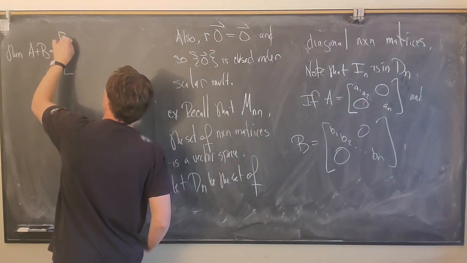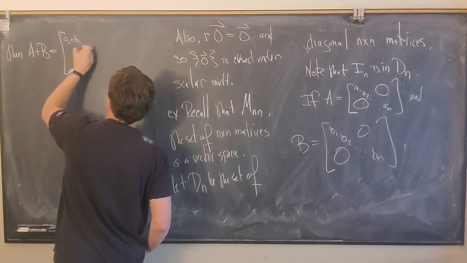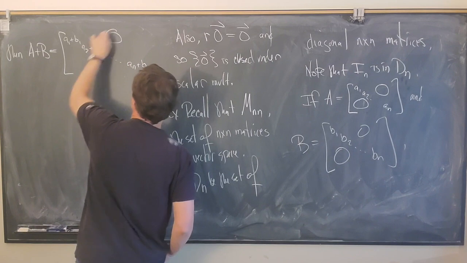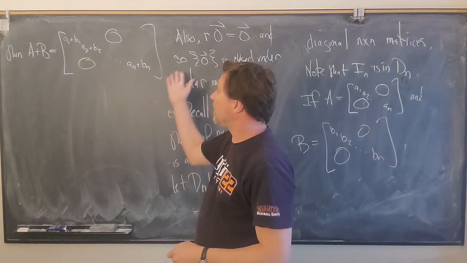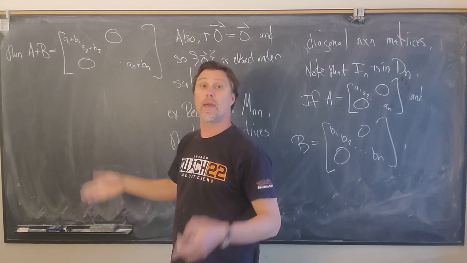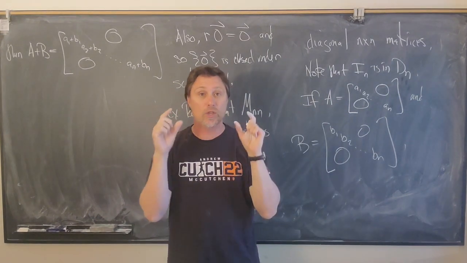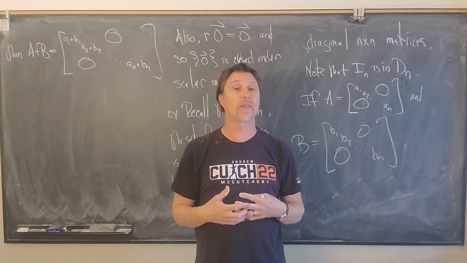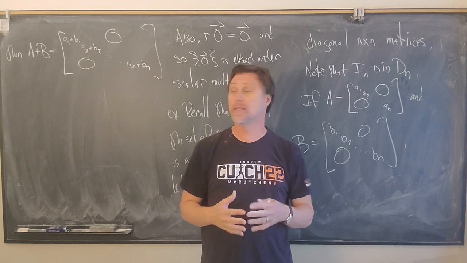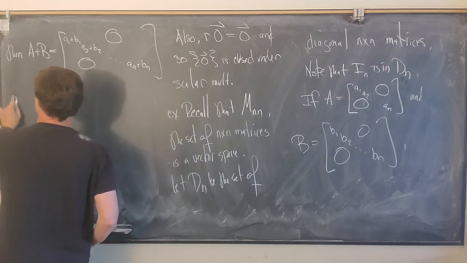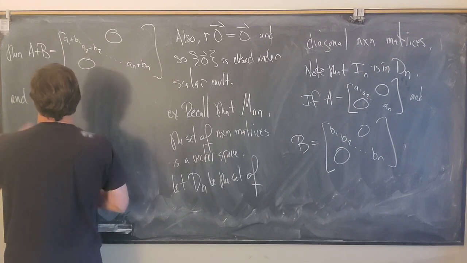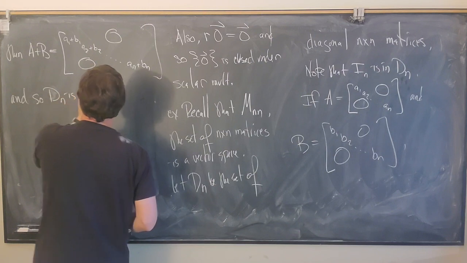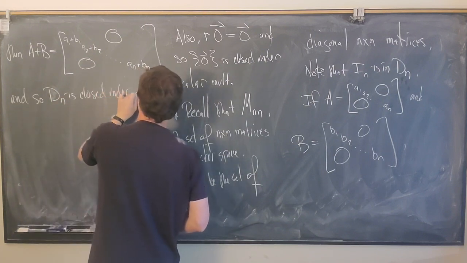So I'll have a1 plus b1, a2 plus b2, going down the diagonal to an plus bn, and zeros everywhere else. This is an n by n diagonal matrix also. In other words, if you take two vectors in D sub n and add them together, the result lies inside Dn. And so Dn is closed under addition.